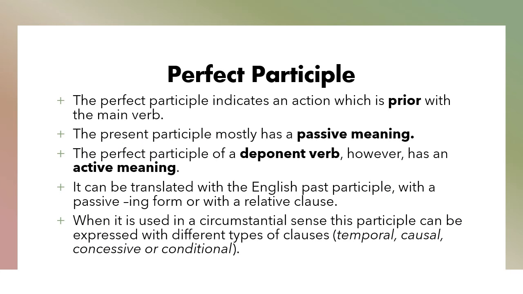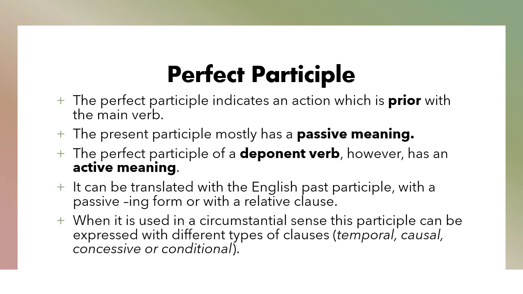Let us see the perfect participle. Differently from the present participle, the perfect participle indicates an action which is prior to the main verb. Another important difference is that the perfect participle has mostly a passive meaning.